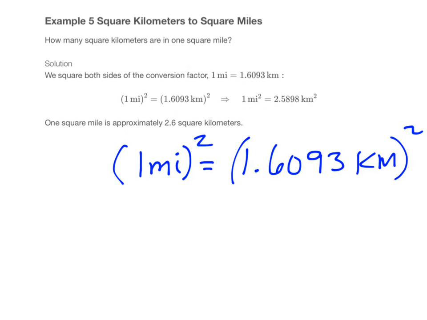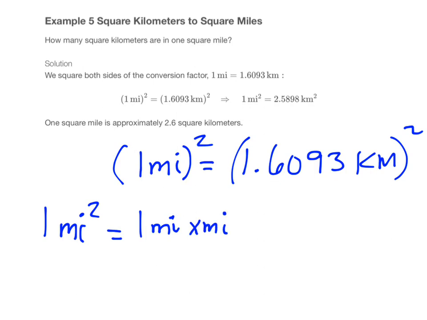Another option would be to just use the conversion factors a few times, like we did in the last unit. So we want to know how many square kilometers in 1 square mile. So start with a mile squared, and that just means 1 mile times 1 mile.